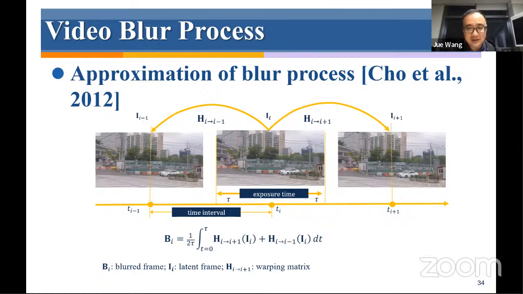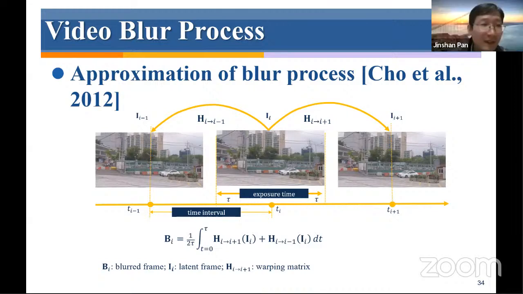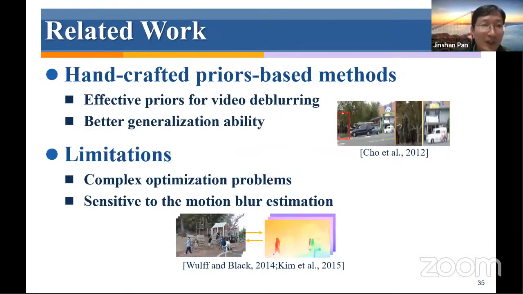Is that because the physics model is a little bit too hard to describe? Yes, because the physics model, we just motivated from the degradation process and don't use the physics model in the video deblurring problems, because it is hard to solve this problem in deep learning based methods. And for the domain knowledge, we use the temporal sharpness prior, which is proposed by your SIGGRAPH work.